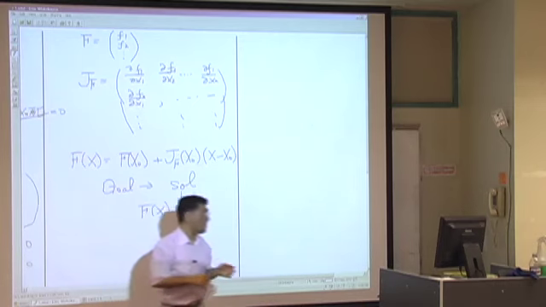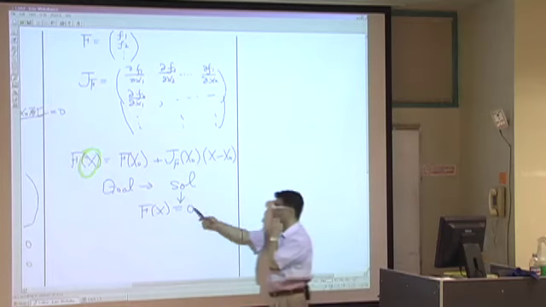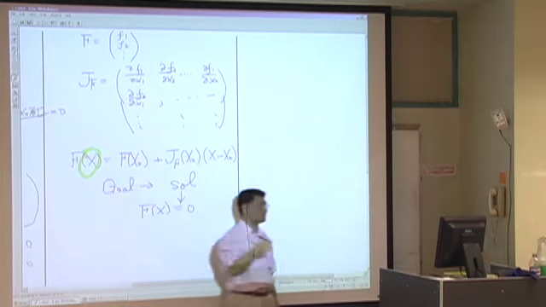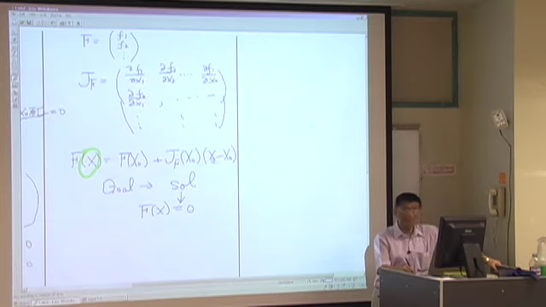Because it's our goal, we write this equal to 0. Then can you solve this for x? So let's solve this for x.